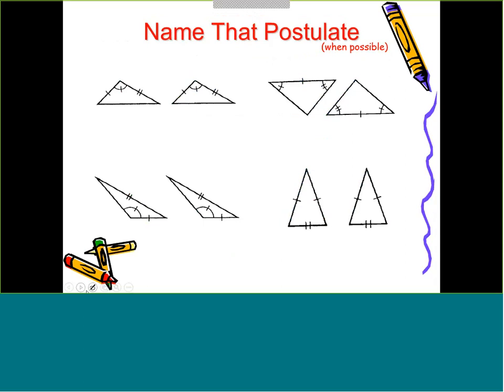Name that postulate. For this one, we have a side, and then an included angle, and then a side. So side, angle, side. Over here we have angle, included side, and then angle. So angle, side, angle. For this one comes out to side, side, angle.